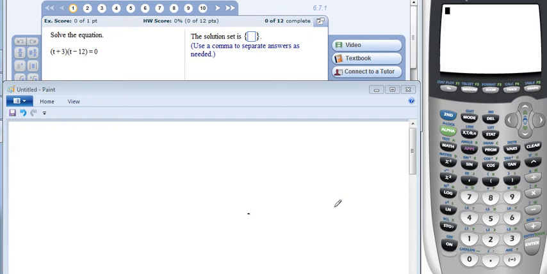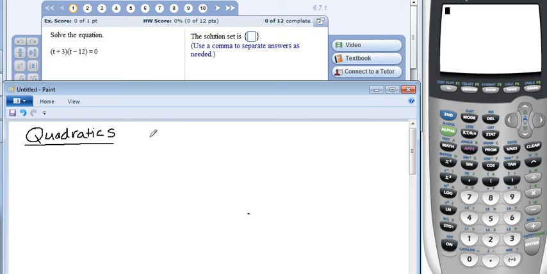All right. So first of all, let's talk about what a quadratic is. We're going to look at cubics too, but that's farther down in the homework. Okay, so a quadratic, basically, it's in this form.